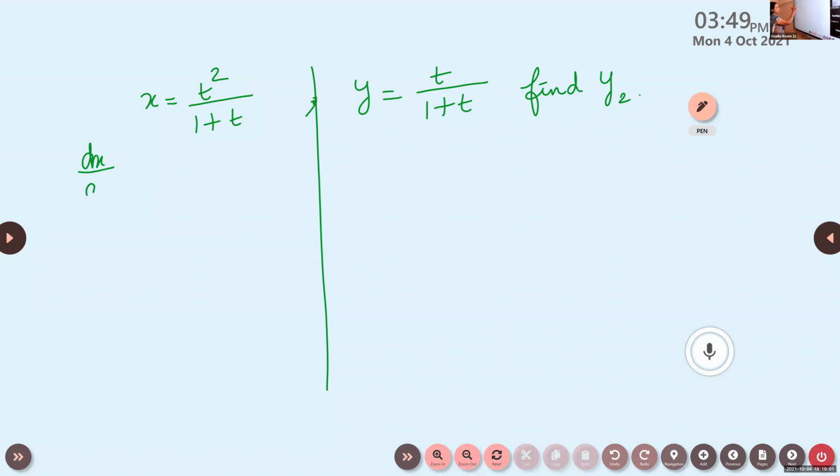For dx by dt, we have to use the u by v rule, isn't it?